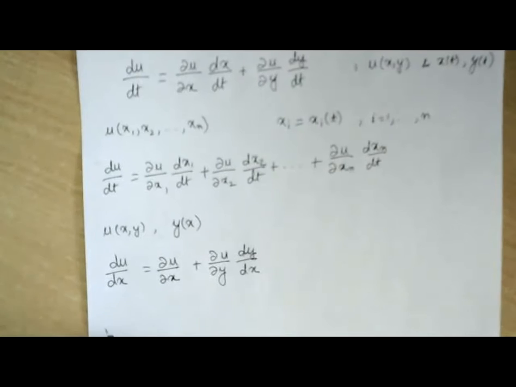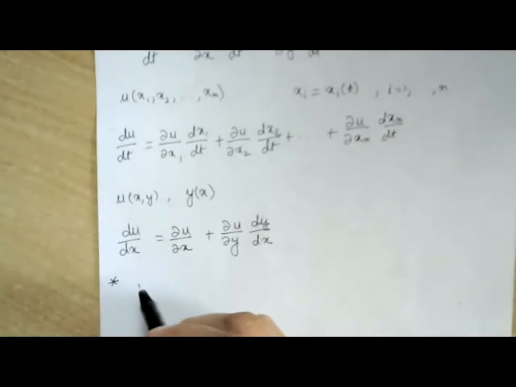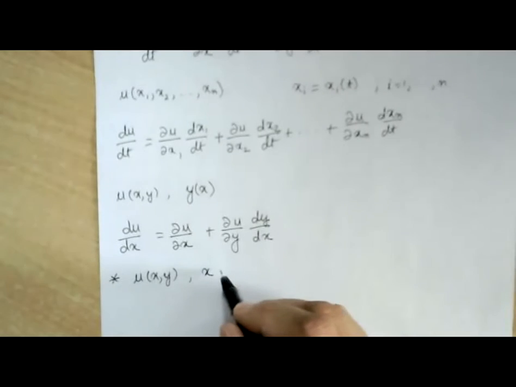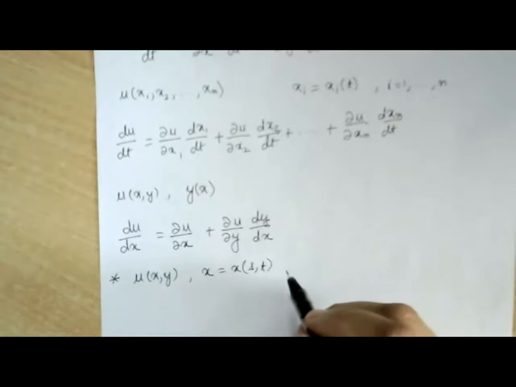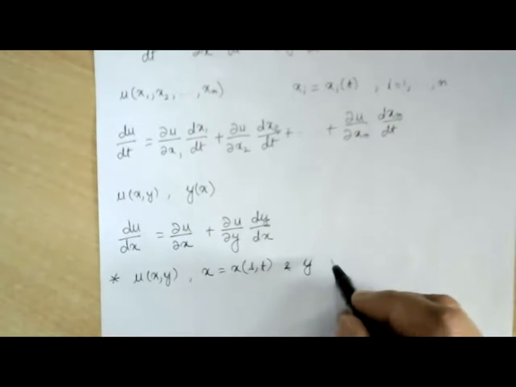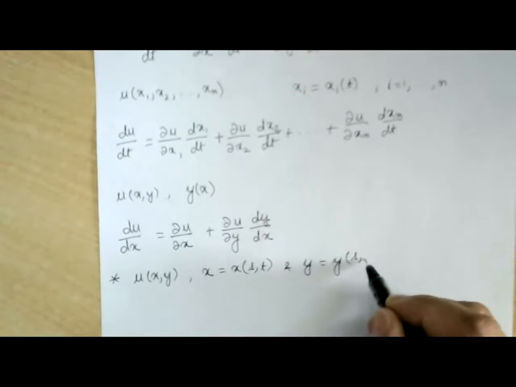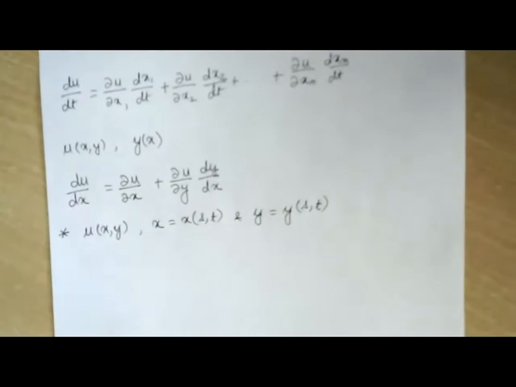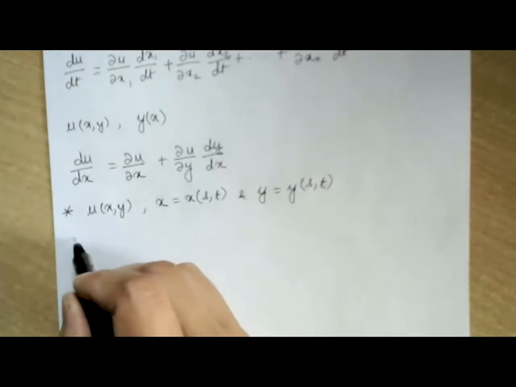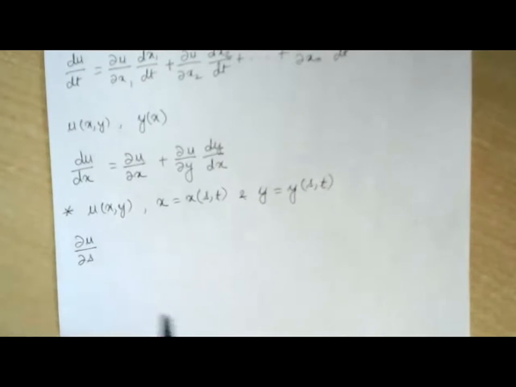Now let us suppose another case, where u is a function of two variables x and y, and x is again a function of two variables s and t, and y is also a function of two variables s and t. In this case, what will be del u by del s?